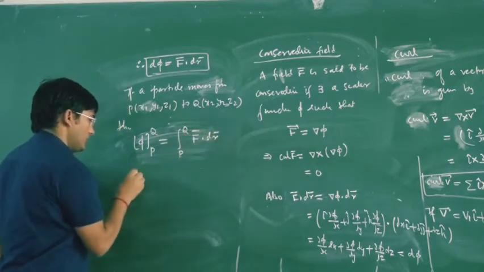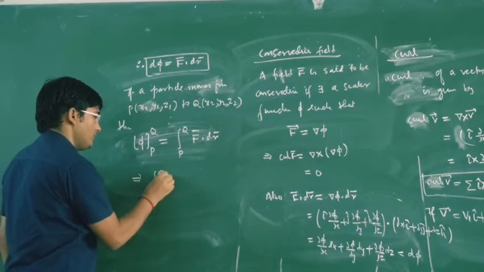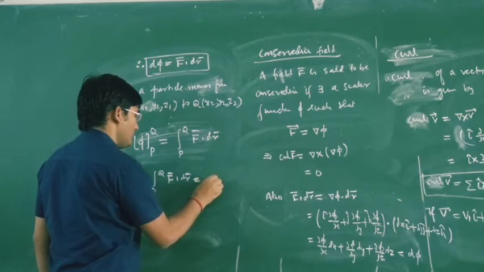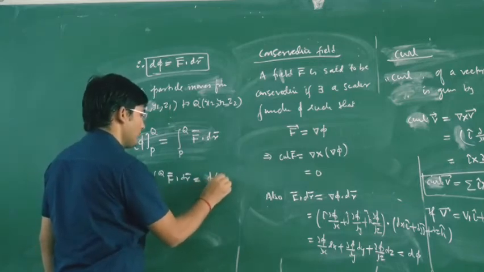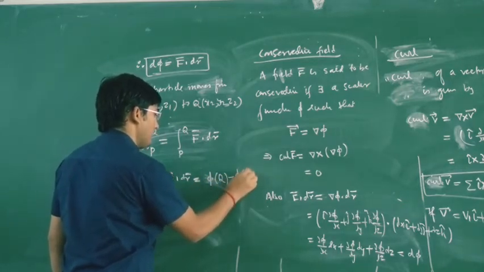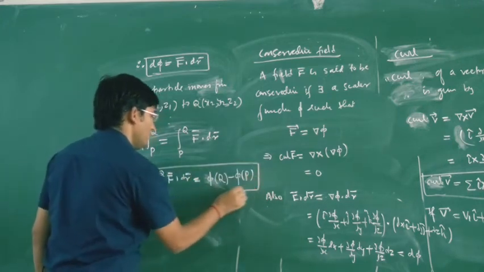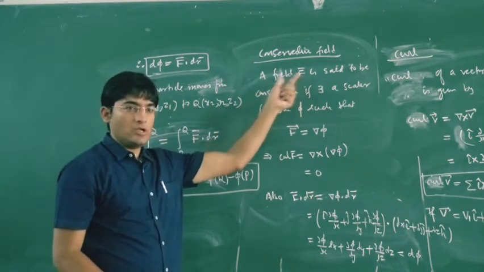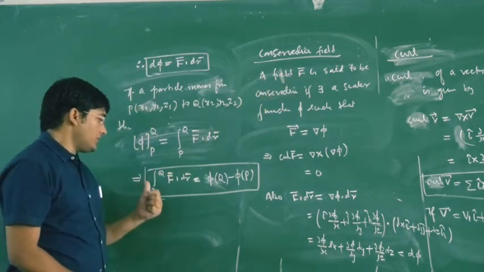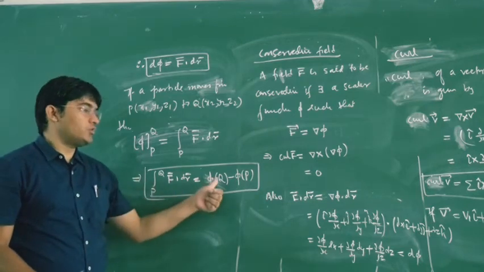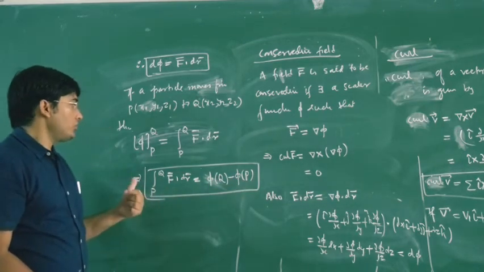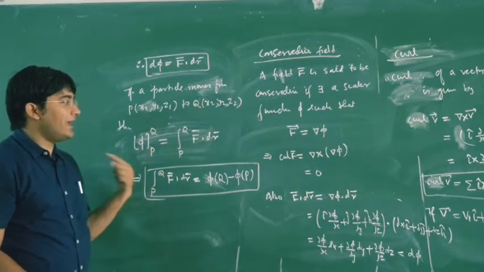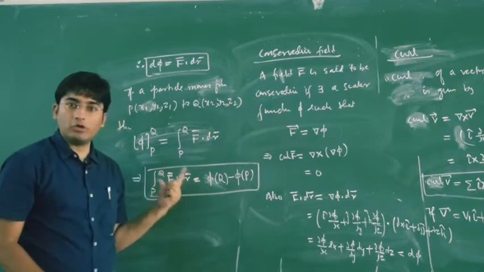So the value of this line integral in this case will be equal to phi at Q minus phi at P. But this is true only when your force or your field is conservative. So if your field is conservative, then this line integral is equal to phi Q minus phi P, where Q is this point and P is this one. So that means with the help of this method we can evaluate our line integral.